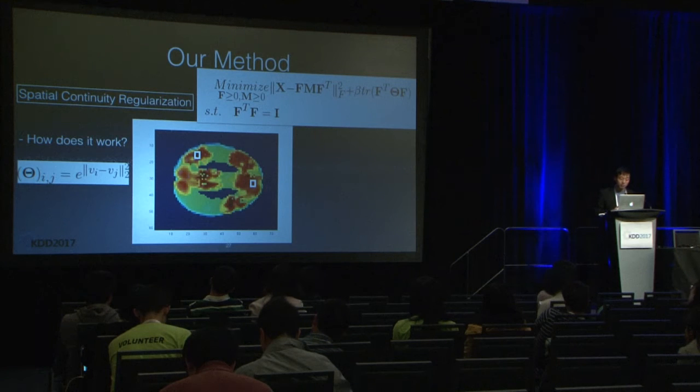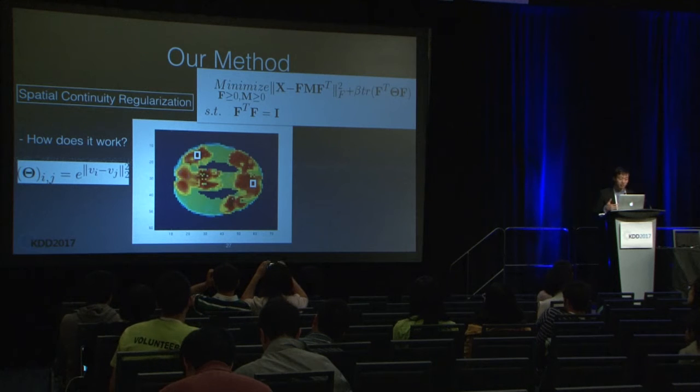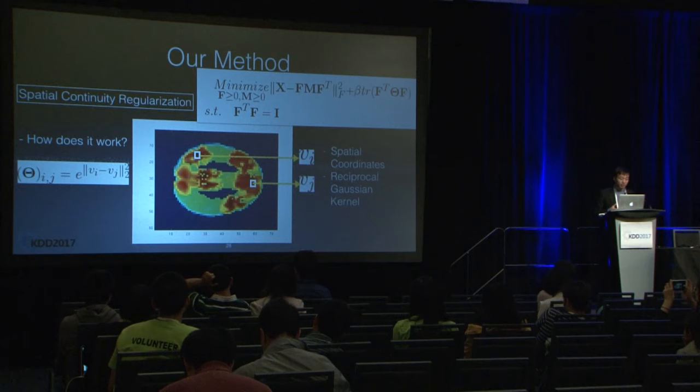We address this limitation by incorporating the spatial continuity regularization term. It enables us to automatically divide spatially separated nodes while discovering the edges between them. The theta here is the key of that regularization. It encodes clustering penalty between all pairs of voxels. It is calculated according to the spatial coordinates of the voxels in the form of a reciprocal Gaussian kernel.